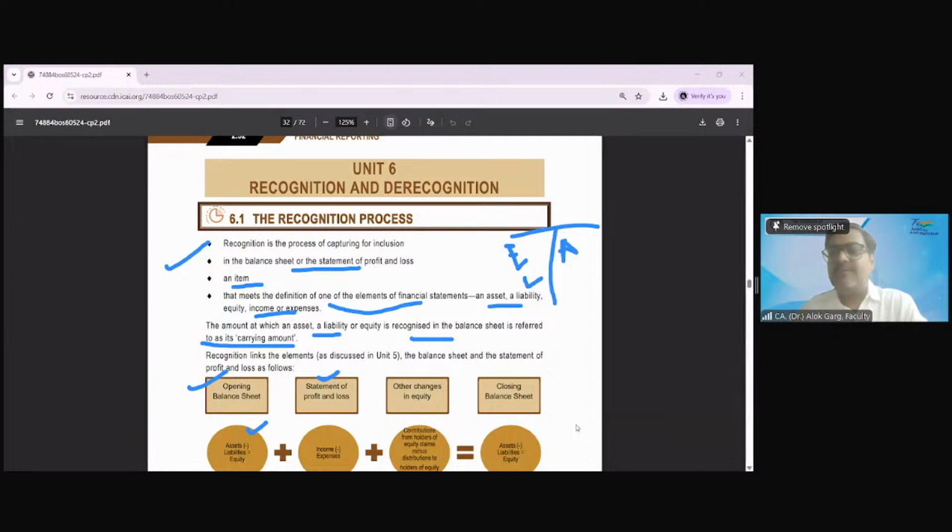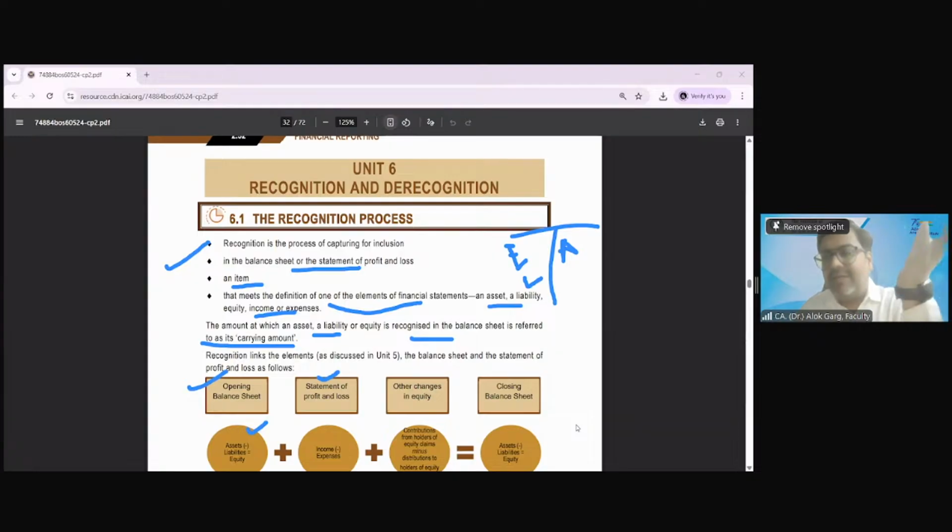So now during the year you have earned a profit. You have the income, you have the expenses. Now the resultant number, you have the profit. So with this profit, will your equity, your net assets, your shareholder funds increase, decrease, or have no impact during the year? It will increase.